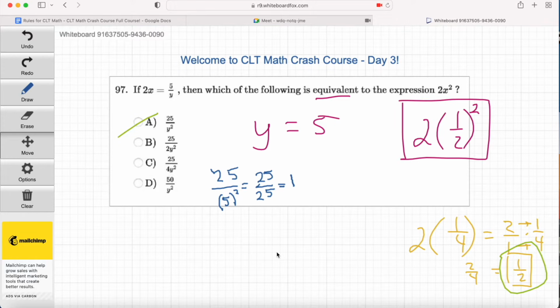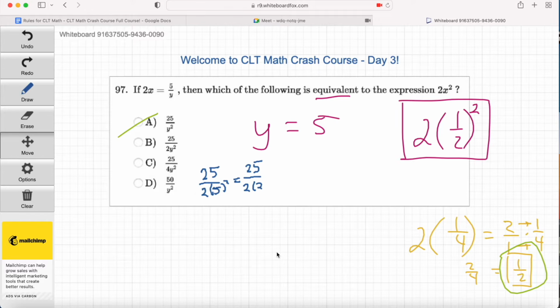What about answer choice B? I'll clear some space and go ahead and plug it in. Looking good.